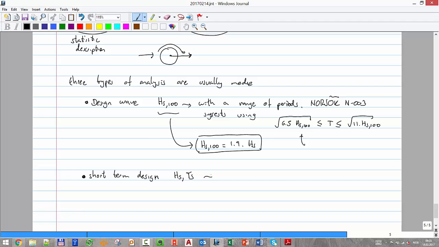Okay, and that's done usually to calculate maximum loads and stresses on components. Okay, you want to see if the structure for a particular sea state will withstand that particular condition. It's almost like a storm.